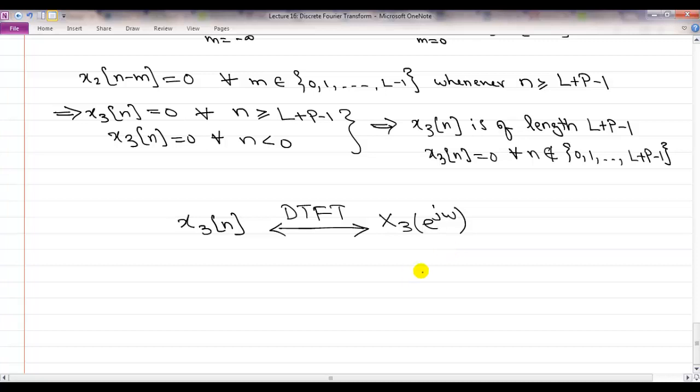Okay, so if I sample at omega k equal to 2 pi k over n, I call that x3 tilde of k.